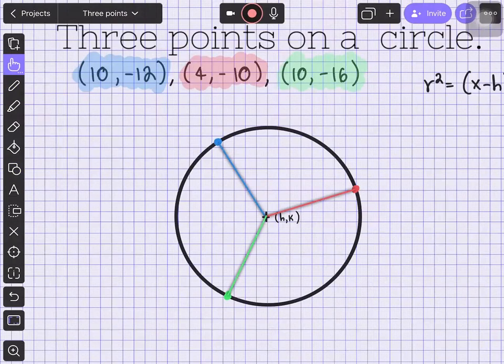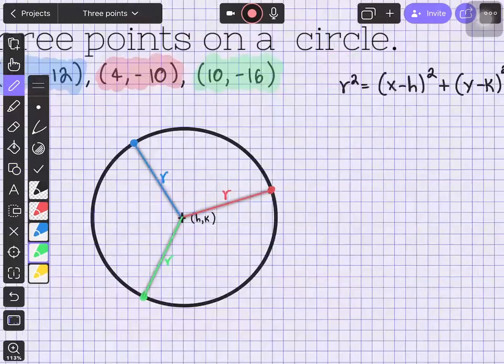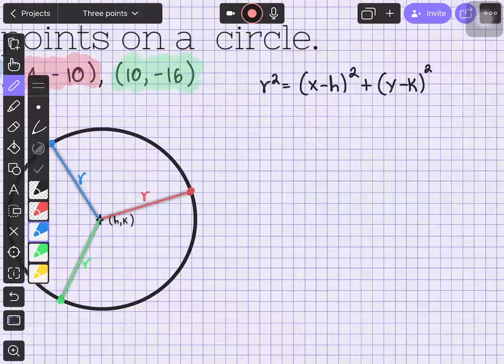And if all of those distances are the radius, then the blue one, the red one, and the green one are identical. And that's the principle we're going to use to solve this problem. So in other words, the square radius, the blue square radius, is identical to the red square radius.